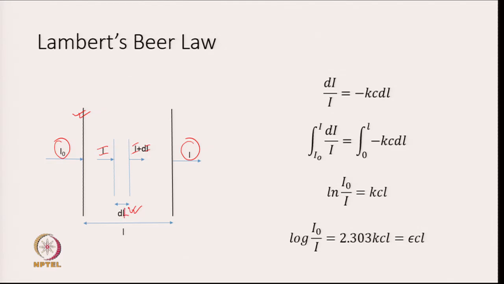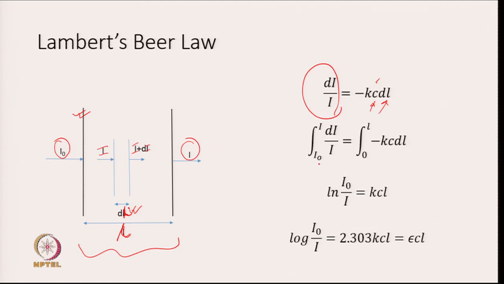Do not get confused: this is small dl, and the total length is L. Your decrease in intensity is first order with respect to concentration. So, dI will be proportional to concentration and proportional to this small length dl. The minus sign comes because I decreases when it passes through the sample.